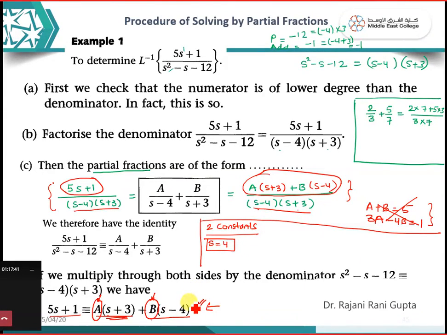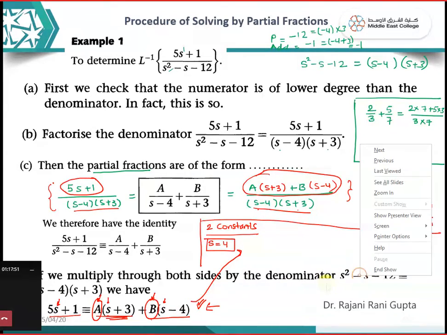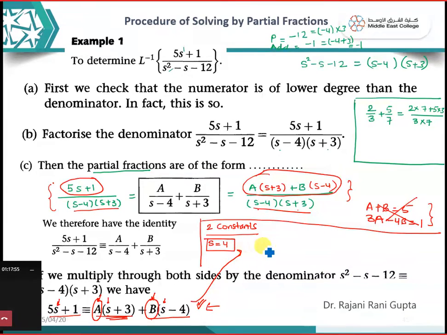So what will happen if I use s is equal to 4 here? Remember that I have to change s at all the places. So what I will get when I replace s by 4: 5 times 4 plus 1 equal to a times (4 plus 3) plus b times (4 minus 4).